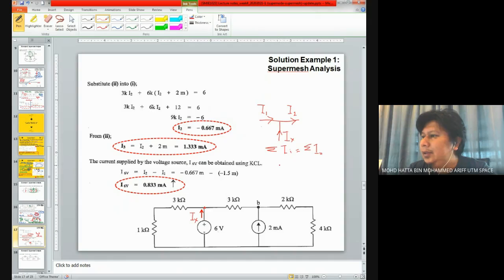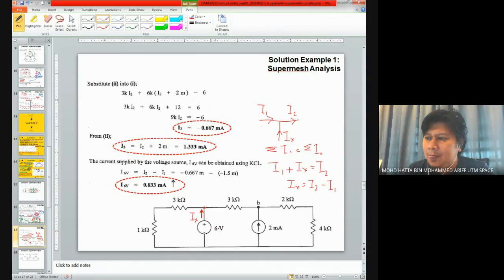I in is I1 plus Ix, and I out, in this case, is I2. So if you try to find Ix, it's given by I2 minus I1. Since you already know the values of I2 and I1 from your calculation earlier, you just substitute them back into here, and towards the end you will get the answer of a current.